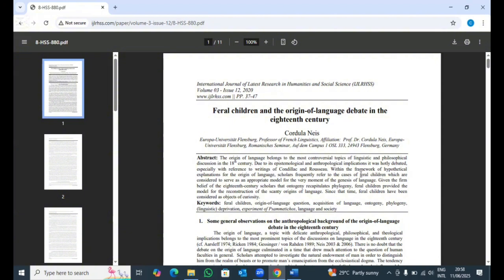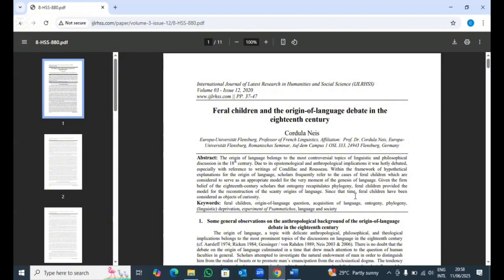Within the framework of hypothetical explanations for the origin of language, scholars frequently refer to the case of feral children, which are considered to serve as an appropriate model for the very moment of the genesis of language. Given the firm belief of 18th century scholars that ontogeny recapitulates phylogeny, feral children provided a model for the reconstruction of the scanty origins of language.